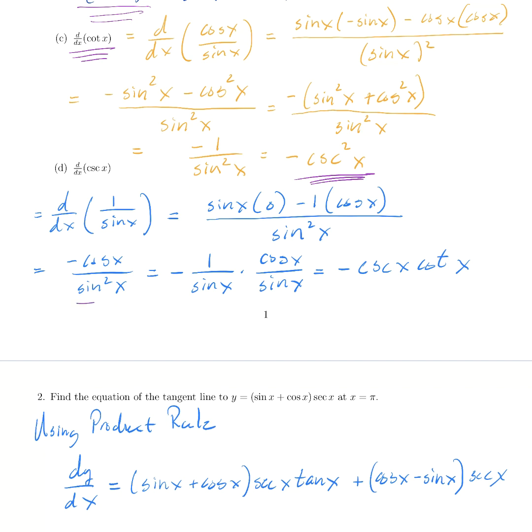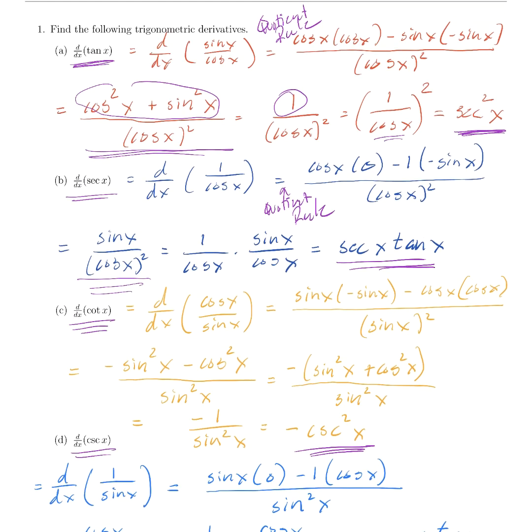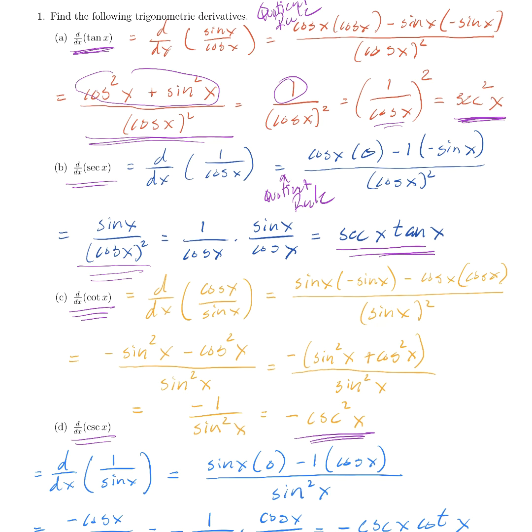Right here, we've taken the derivative. We could write the derivative of cosecant of x is equal to negative cosine x over sine squared. That's just not how it's most commonly represented. So we rearrange some terms and we get that the derivative of cosecant is negative cosecant x times cotangent of x.